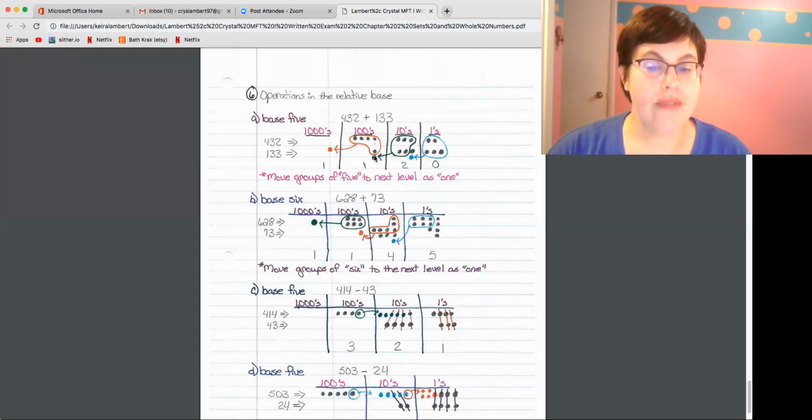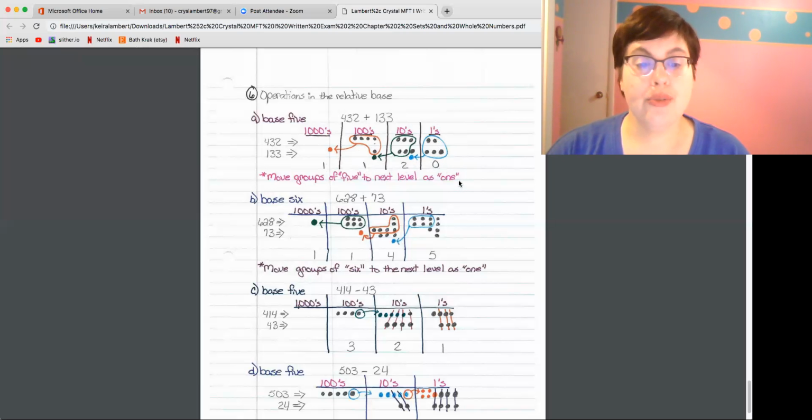But I do have this 1 green dot, that's 1 unit. And in the tens, remember I grouped this as 1 unit, so I can't count that. But I do have 2 remaining in the tens column, so that's 2. And in the ones column, I have this group in the blue circle. We moved that, so we can't add that. So I have 0 in the ones column.